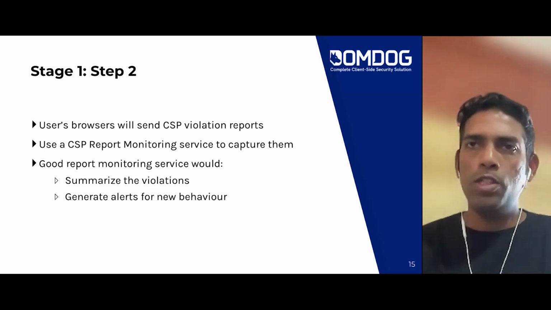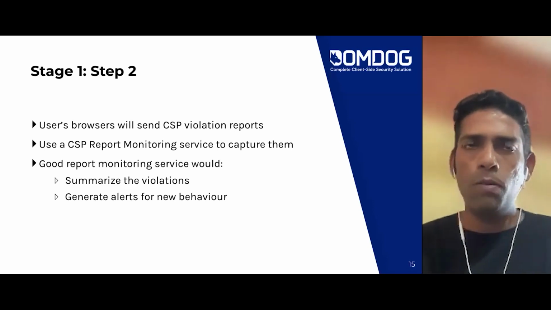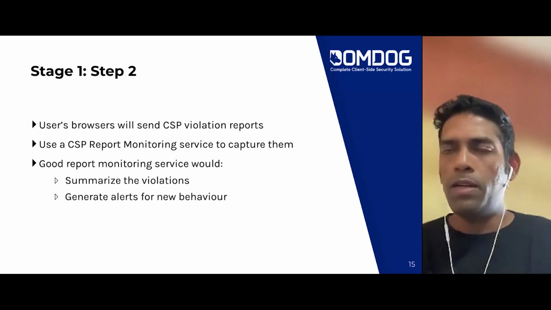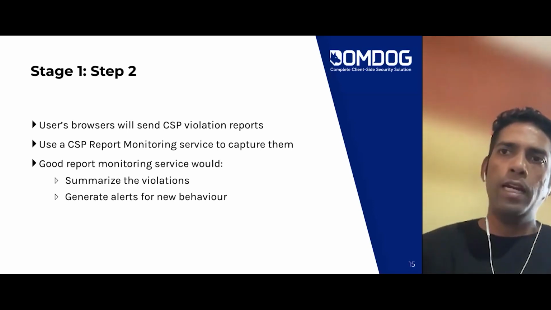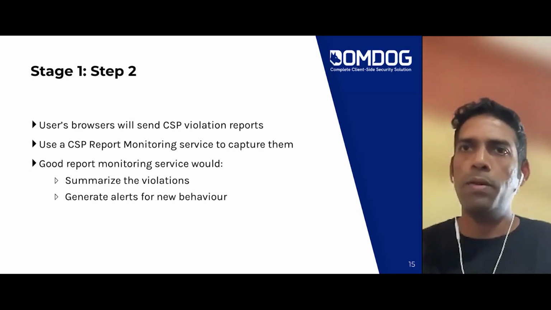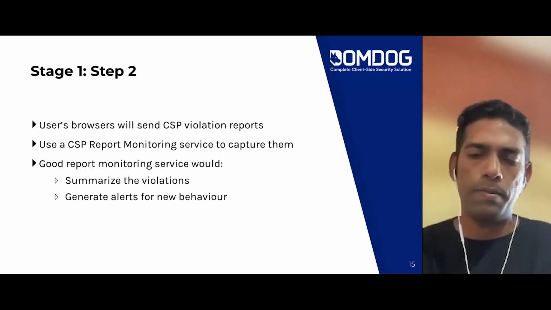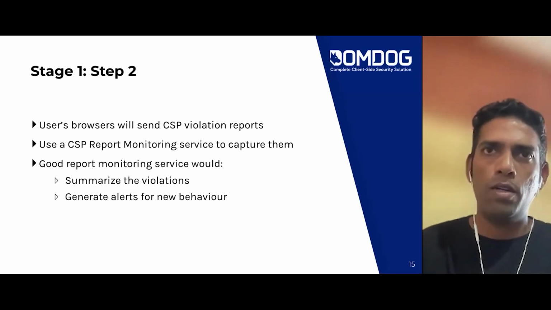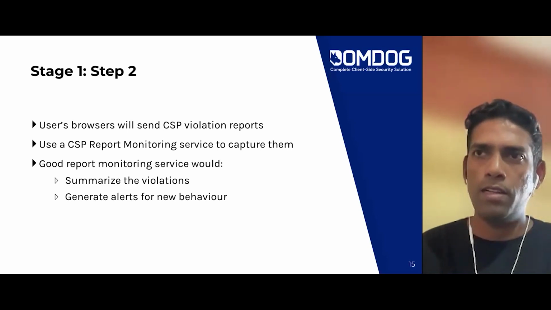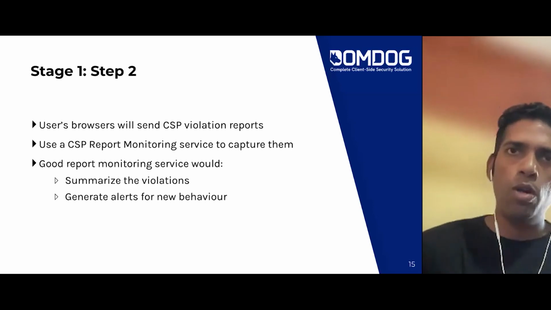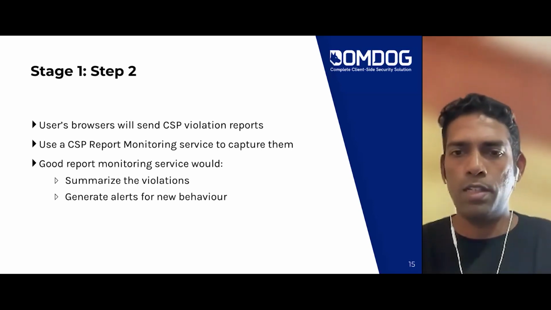Once you put this policy in place and you go about your regular activities, let's say there is a spike in the violations that come in, then you should actually get an alert, so you can go and take a look at the alerts that have come in and take some action based on that. So this actually makes it very easy for you to go about your CSP implementation. Rather than spending too much time looking at the violations, you only have to get involved when there's an alert which reaches your inbox.